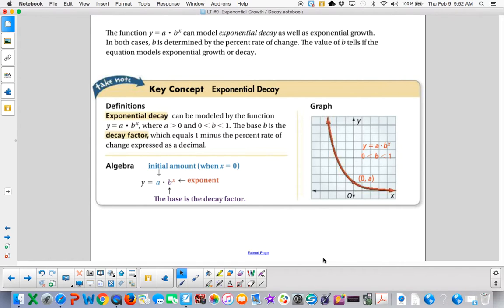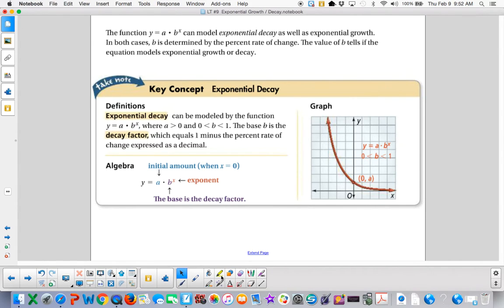Another type of function is not exponential growth, but exponential decay. So in this example, the graph looks this way because it's decreasing exponentially rather than increasing exponentially. What's different in the equation for exponential decay is that our B, our base amount, is a decay factor of less than 1.